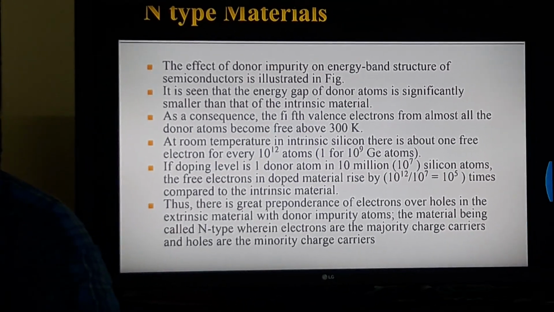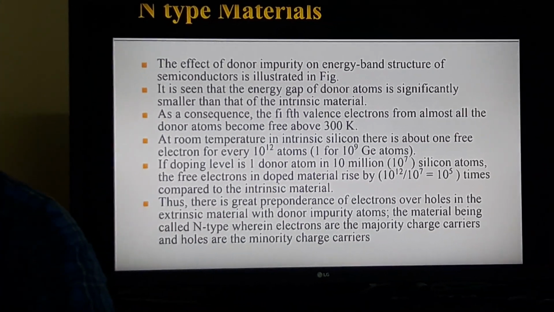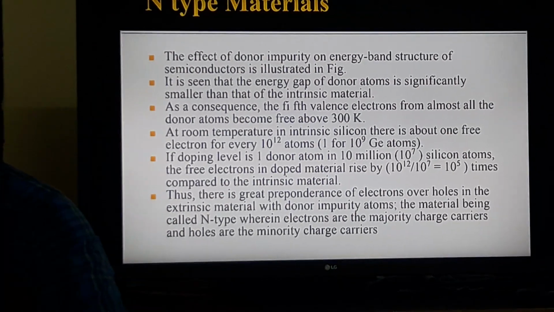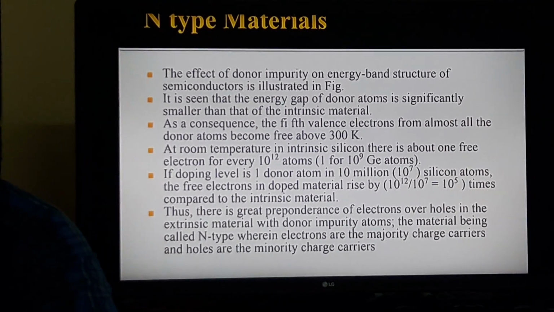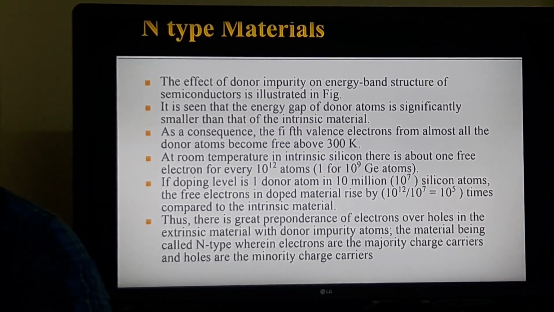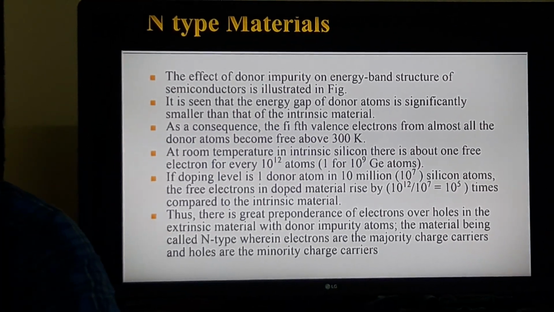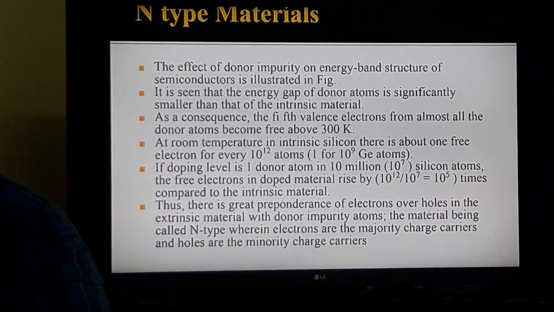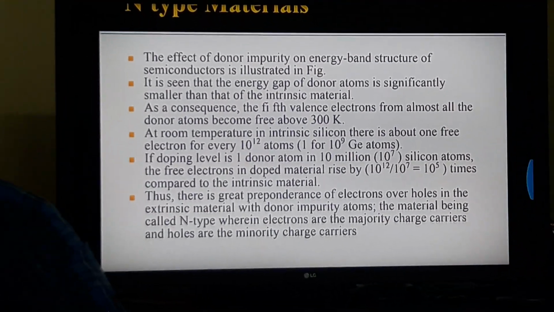At room temperature in intrinsic silicon, there is about 1 free electron for every 10 power 12 atoms. If the doping level is 1 donor atom in 10 million silicon atoms, the free electrons in doped material rise by 10 power 5 times compared to the intrinsic material. The material is called n-type, wherein electrons are the majority carriers and holes are the minority charge carriers.